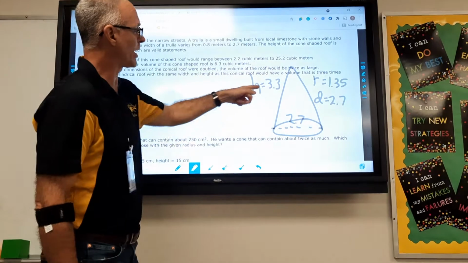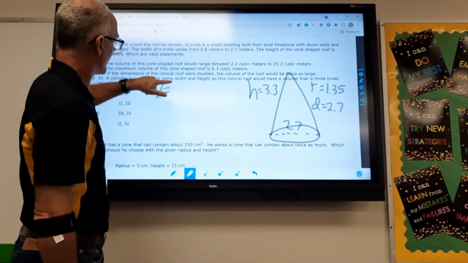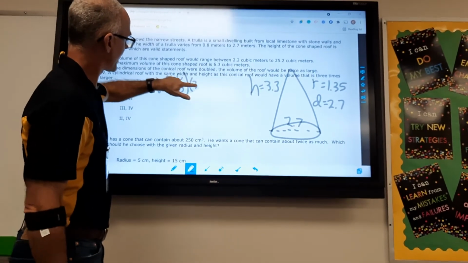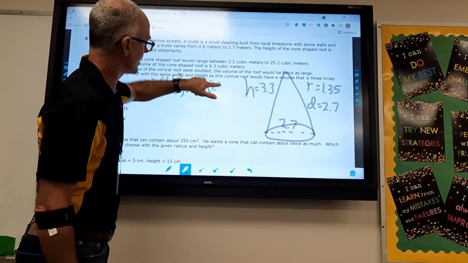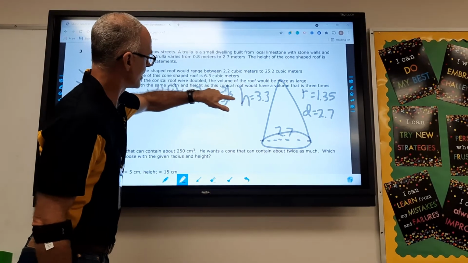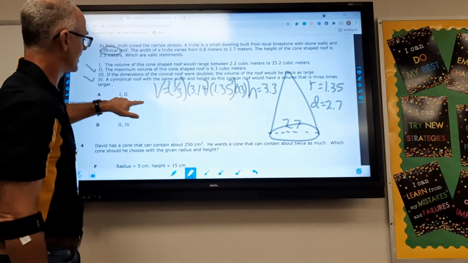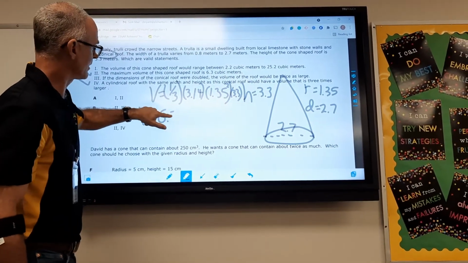Now we can use our equation. We know the radius, we know what the height is. Our equation is 1/3 times pi times radius, 1.35 squared times 3.3, the height. Calculate all those things and we get 6.3.